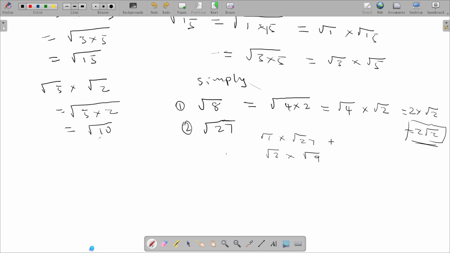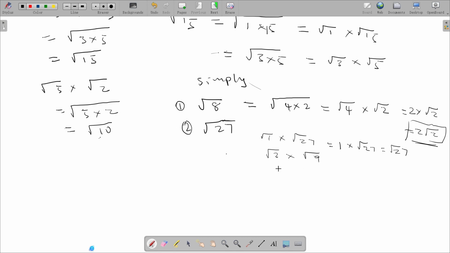Let's consider the first one. Square root of 1, 1 is a square number. It's 1 times square root of 27. Don't forget, nothing has changed. So we could not further simplify this. We haven't simplified that.